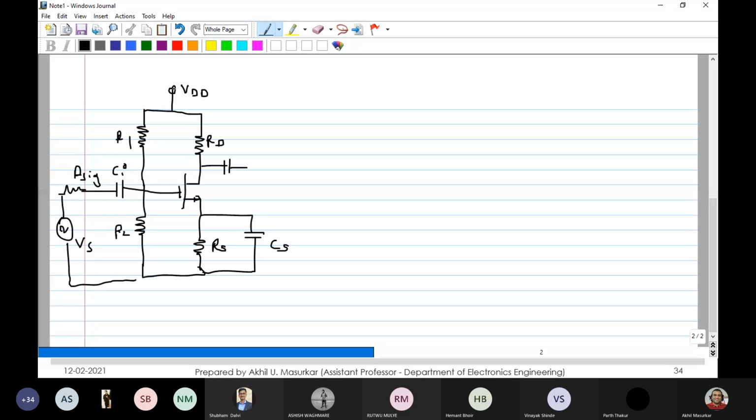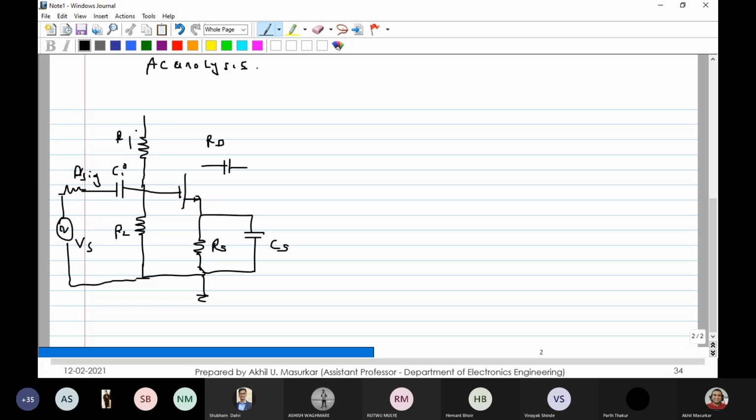So when it comes to AC analysis, what do we do? We remove this VDD and connect it to ground like this. Then we say, okay, this is connected to ground, fine. So I remove this also now, and I draw something like this.